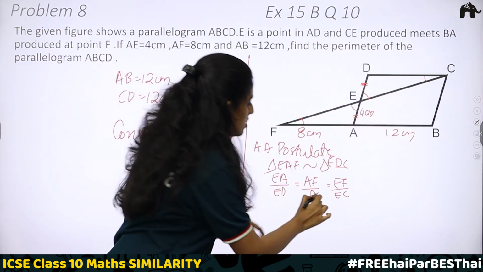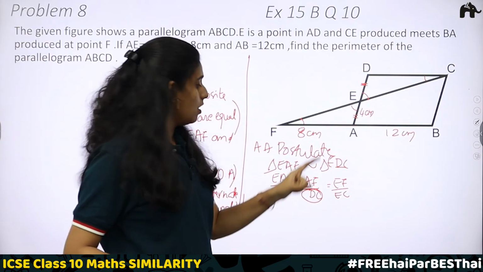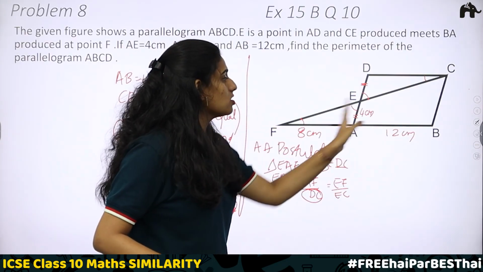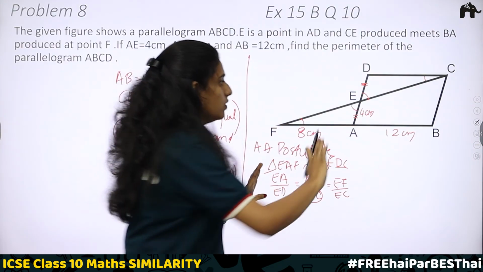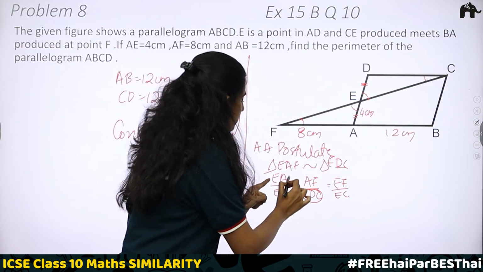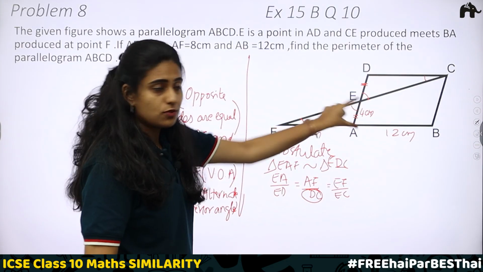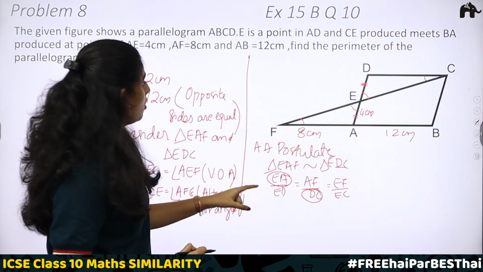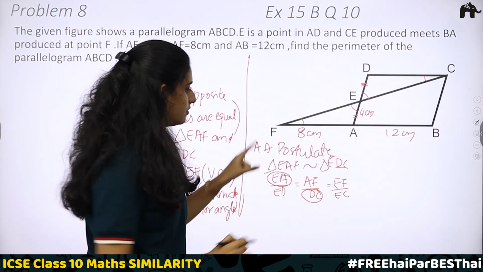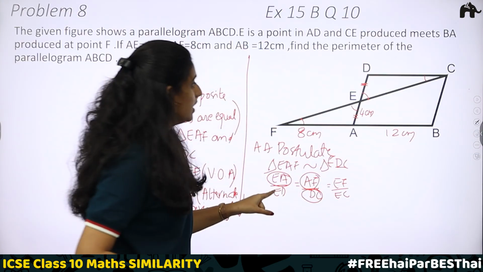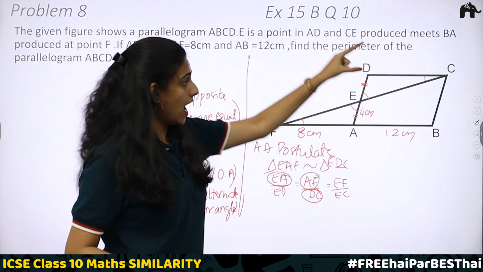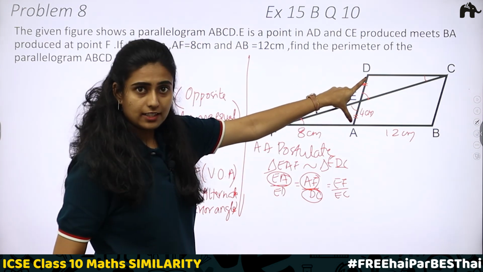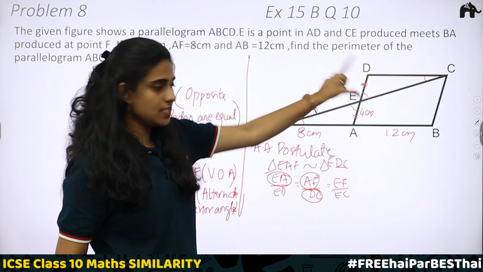AB is also known, but AB is not a part of these triangles, so we cannot consider it. The value of EA is known, 4 centimeter. AF is also given. We can easily find what ED is. Adding ED and EA will give this total length, from which the perimeter can be determined.